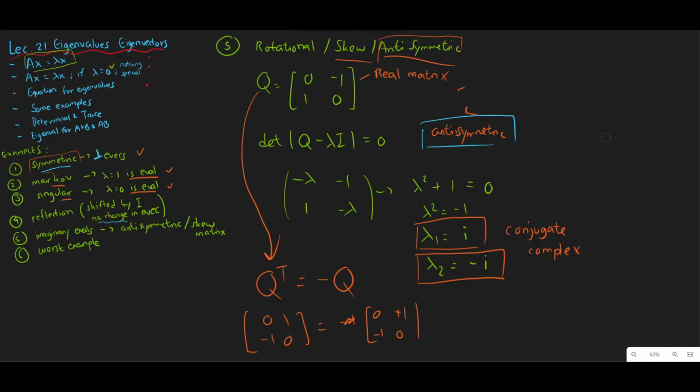Now I mentioned that this ends up with complex eigenvalues, and that's not as pleasant as what we had in the first 4 examples, those with real eigenvalues, because they are really clear.